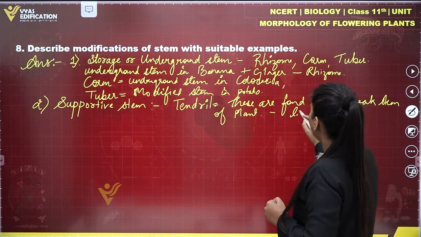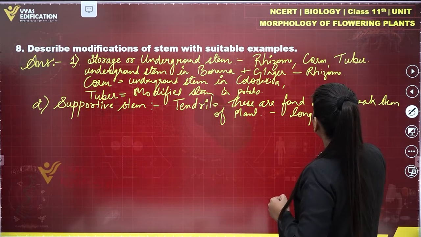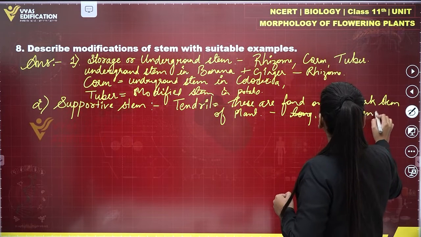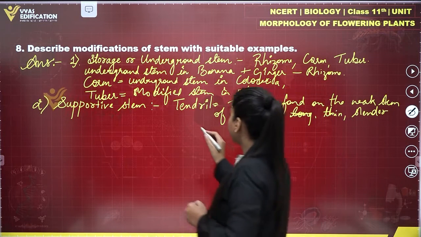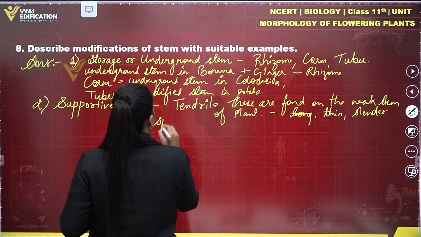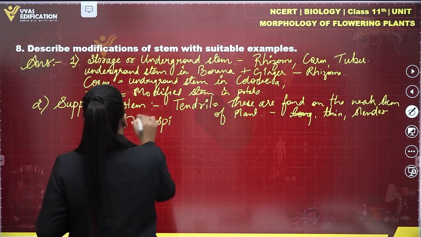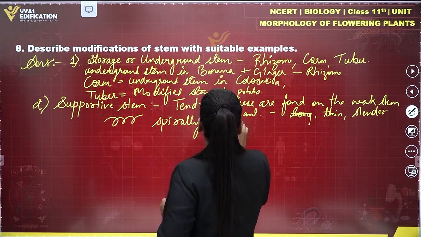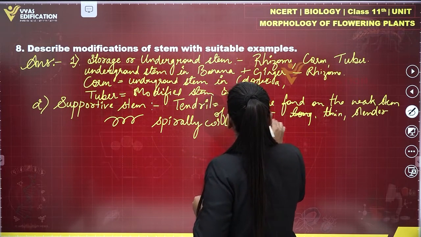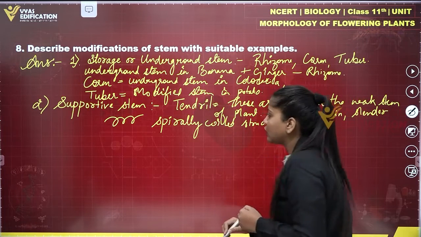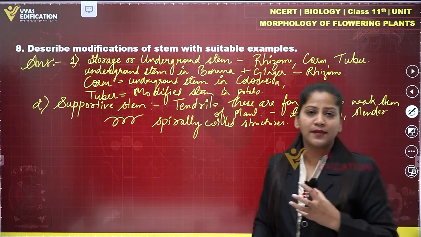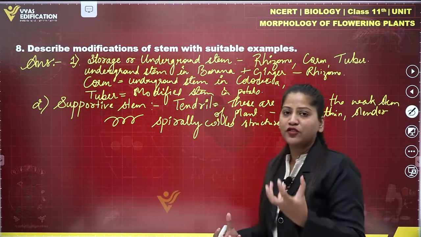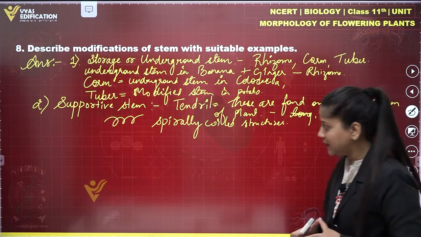They are thin, slender and spirally coiled like this. They are spirally coiled structures. They are found in some plants like cucumber, melon and some other fruits or vegetables of family Cucurbitaceae.